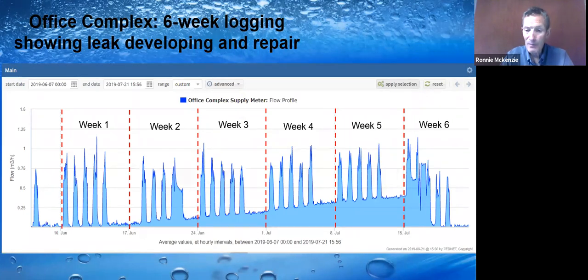This is another example. This is a growing leak. And you can see here the leak is growing. And it starts there. There's the leak starting. And it grows. It gets repaired after about 3 or 4 weeks. We reported it to the body corporate.